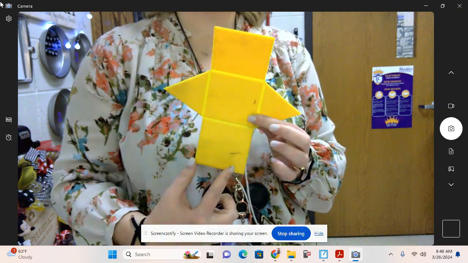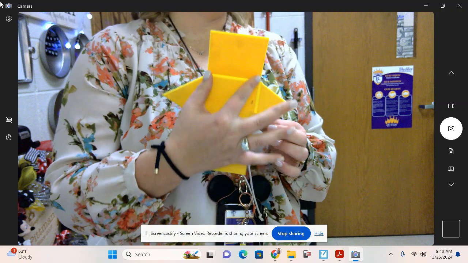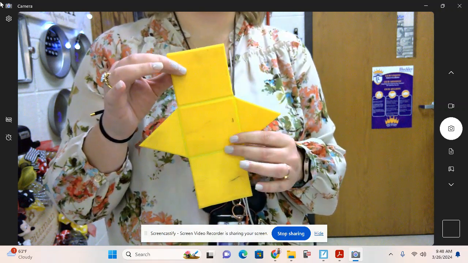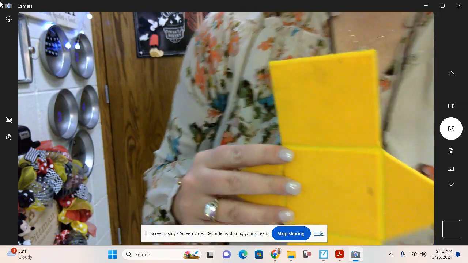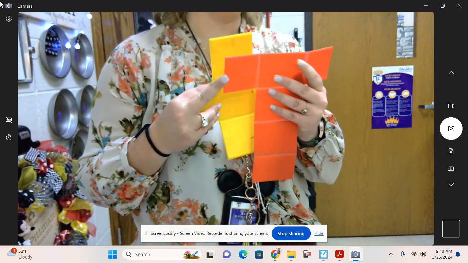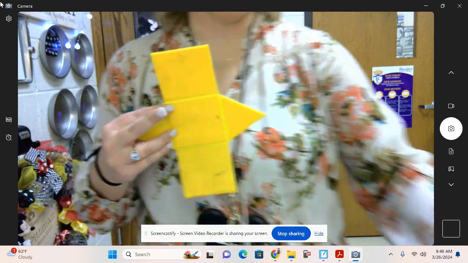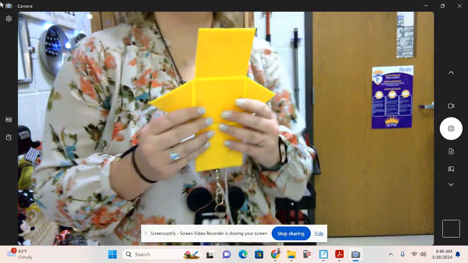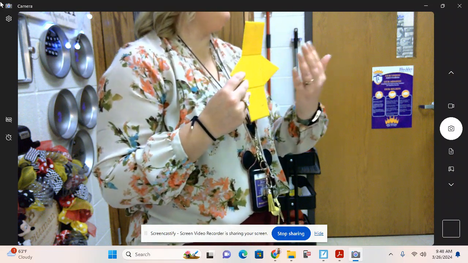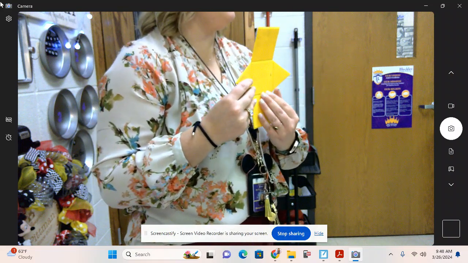Triangles, and the body is made up of rectangles. Whereas this one had rectangle wings, or squares, but squares are rectangles. Okay, so instead of having 6, we're going to have 5 in our net.